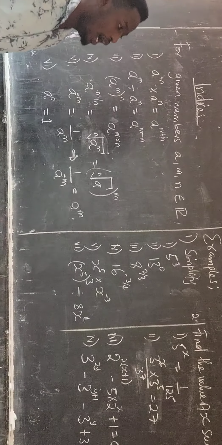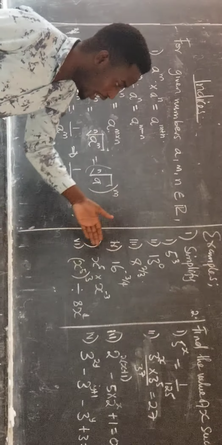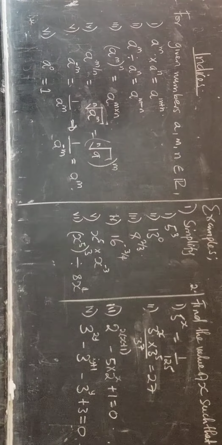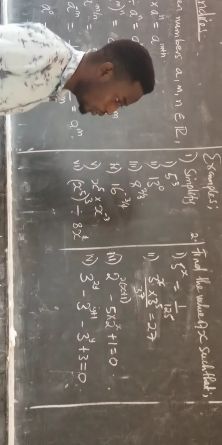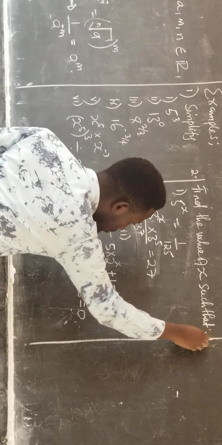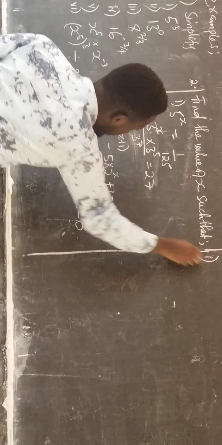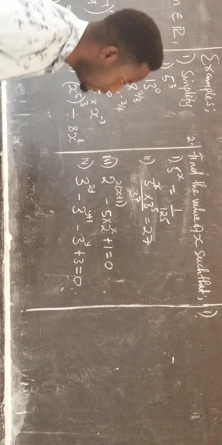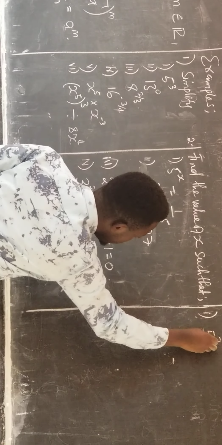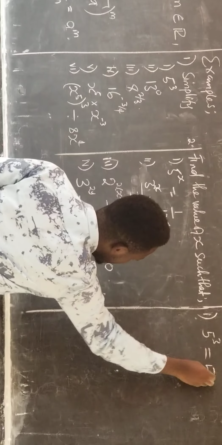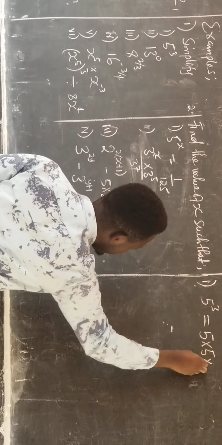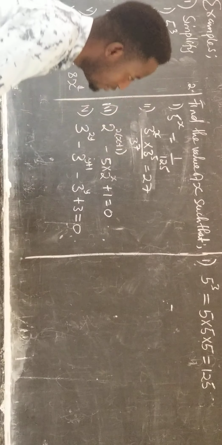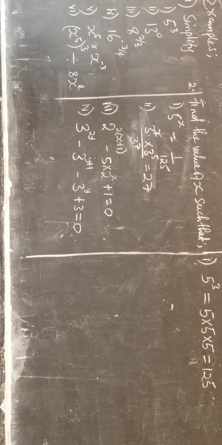So we want to use the examples given here to apply the laws of indices. Let's look at the solutions. The first one is 5 power 3. 5 power 3 simply means multiply 5 three times: 5 times 5 times 5, and the answer is 125.